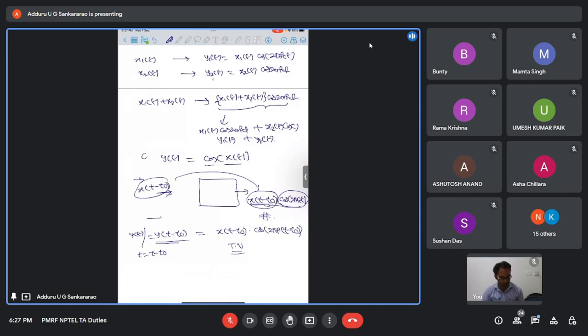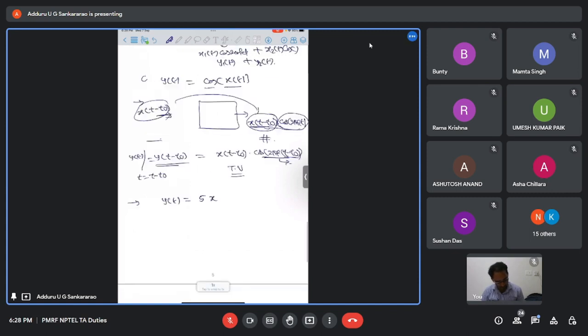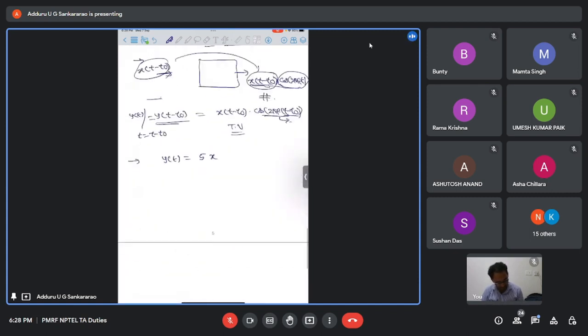So these two are not equal. If we expand the cos, we'll get extra terms. So this is a time variant system. Now coming back to the previous example, y of t is 5 x of 5t.